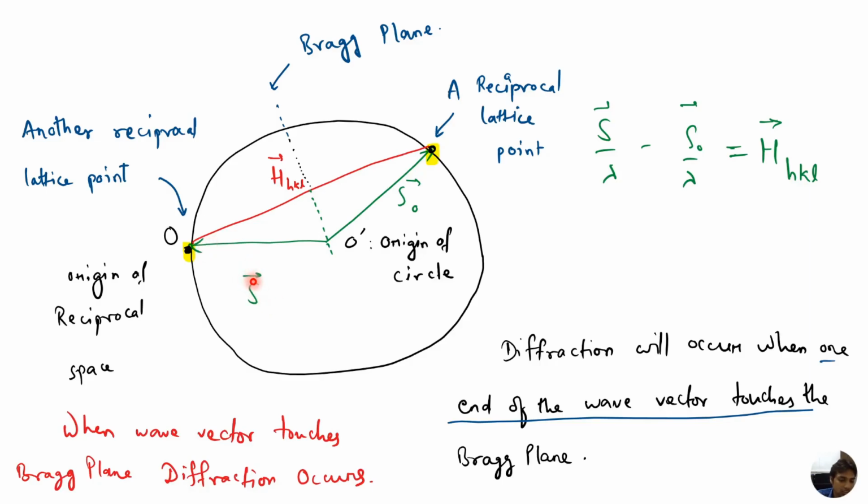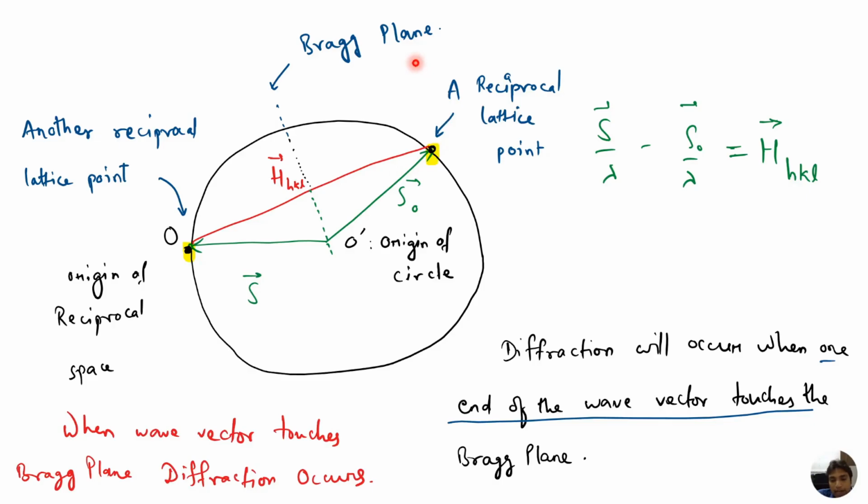You send a beam like this, and this is what you are detecting here. These two points are reciprocal lattice points.